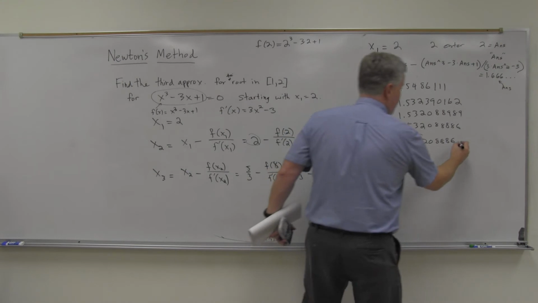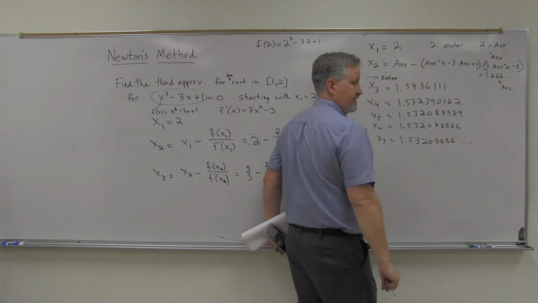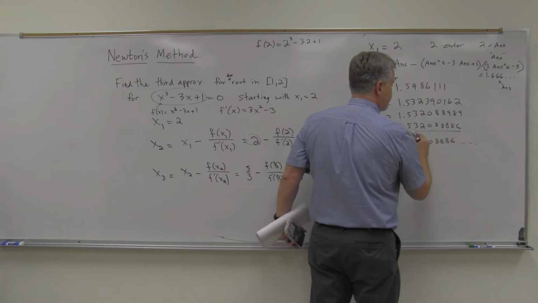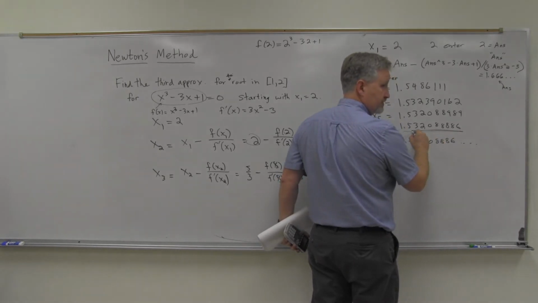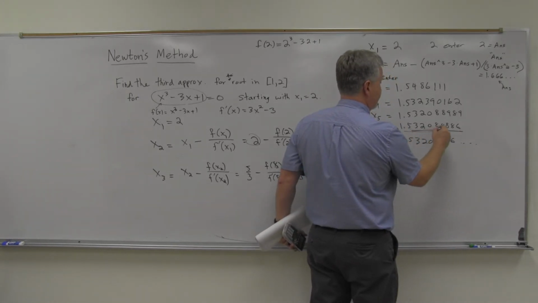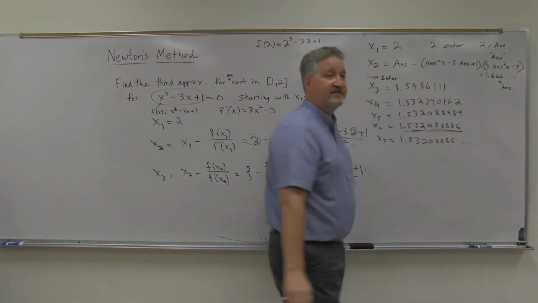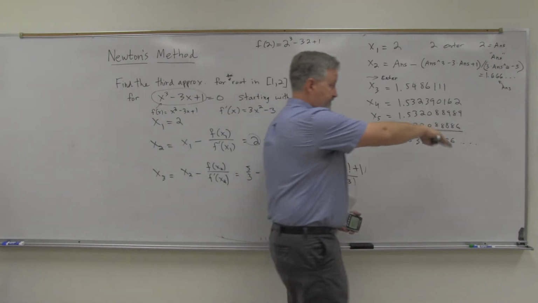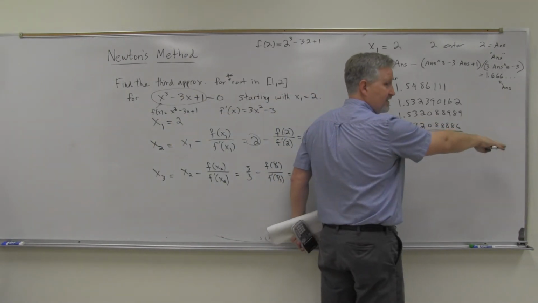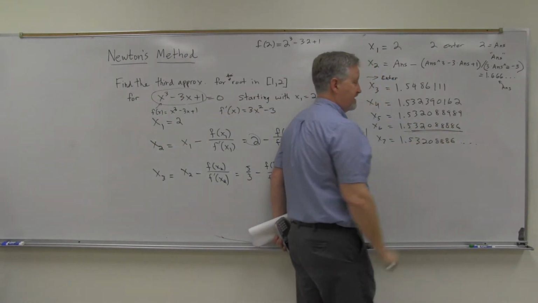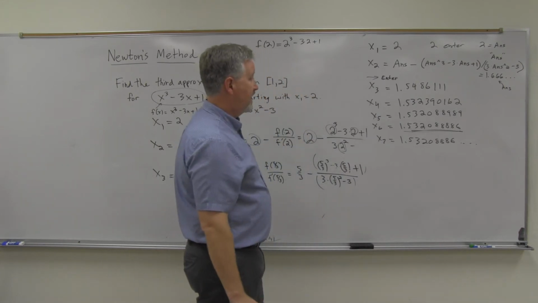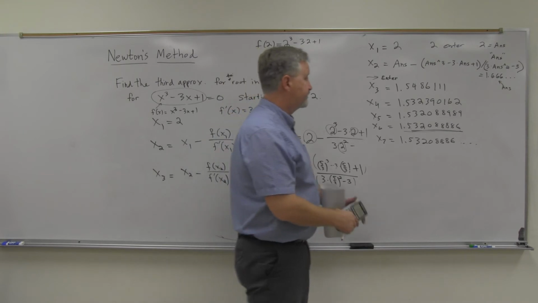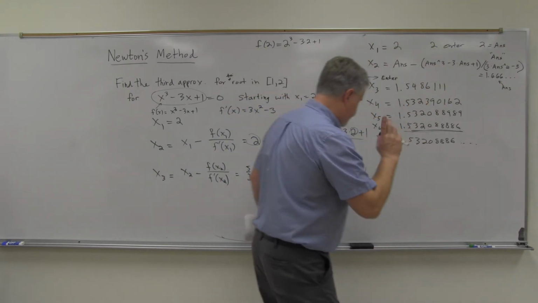Now, that's not an exact value, there's more decimals after that, but I've got this root to 1, 2, 3, 4, 5, 6, 7, 8, 9 places, because the rest of the changes in the decimals are way out here. So this is correct to 9 places. See. Okay? All right.